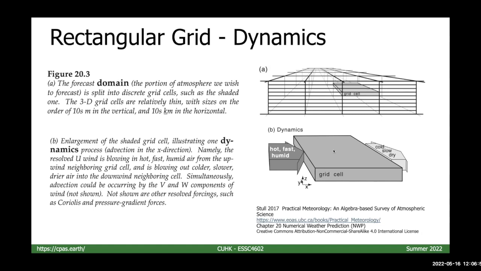And then the computer program needs to calculate the change of the physical variable in the next time step. So this is the way we say it. These are the resolved variables, one for each grid cell.